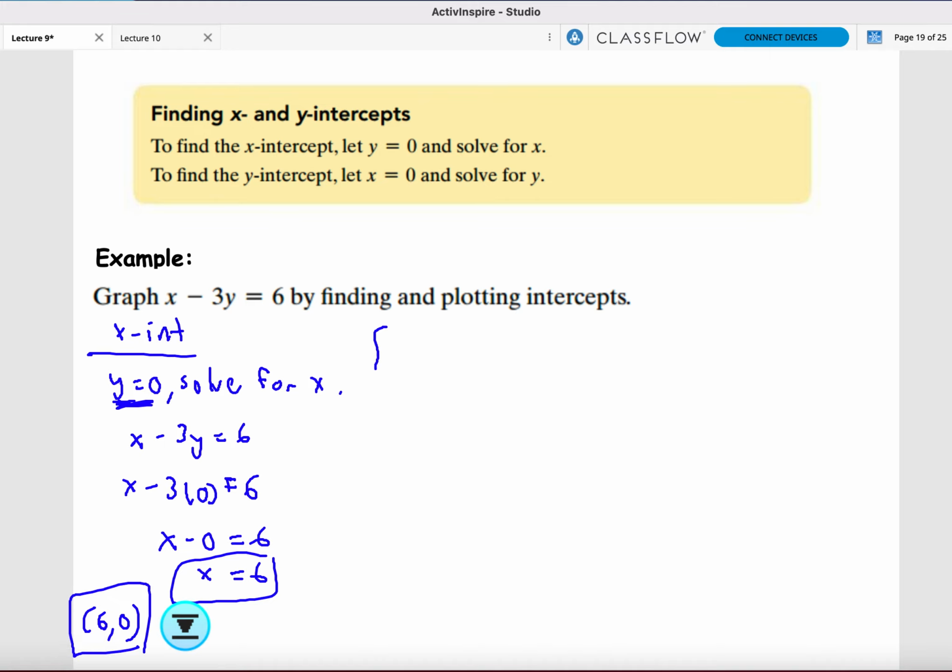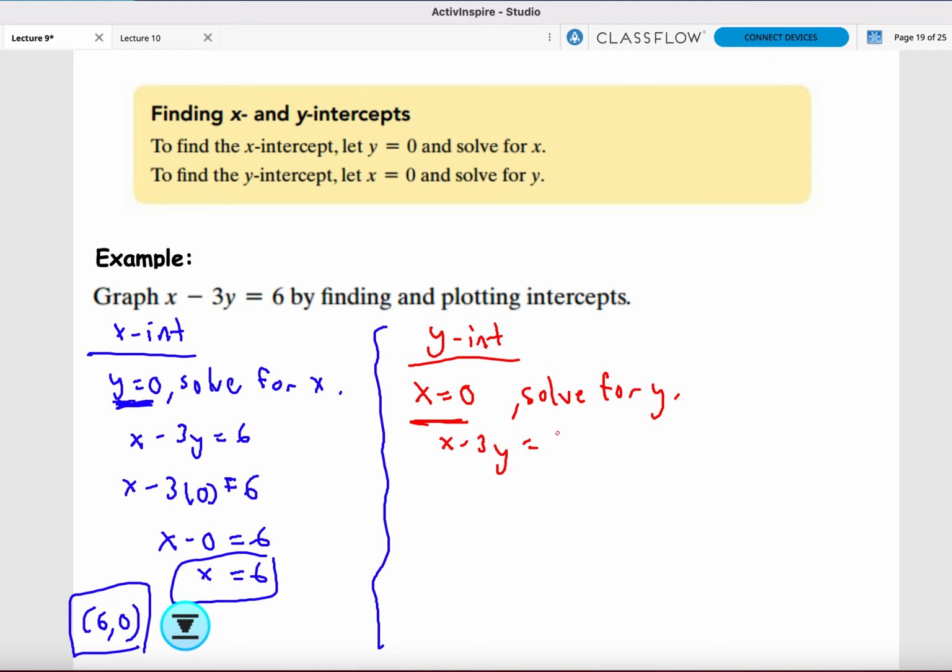So now we just need to do the y-intercept. For the y-intercept, set x equal to 0 and solve for y. So we have x minus 3y equals 6. x is 0, so it'll be 0 minus 3y equals 6, which is just negative 3y equals 6.